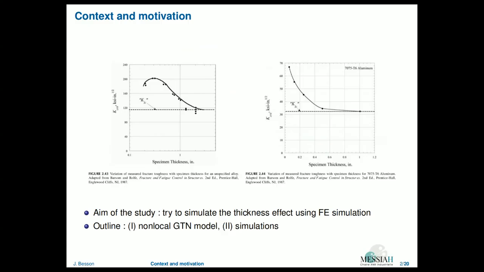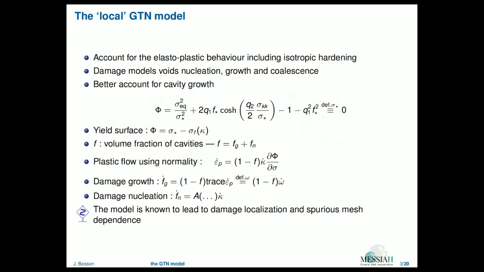We want to try to simulate this thickness effect and understand the origin based on FE simulation. So we're using a non-local GTN model. I will be quick because I already presented it in the plenary session, and I will focus on the simulations. So here you have the equations for the local standard GTN model.